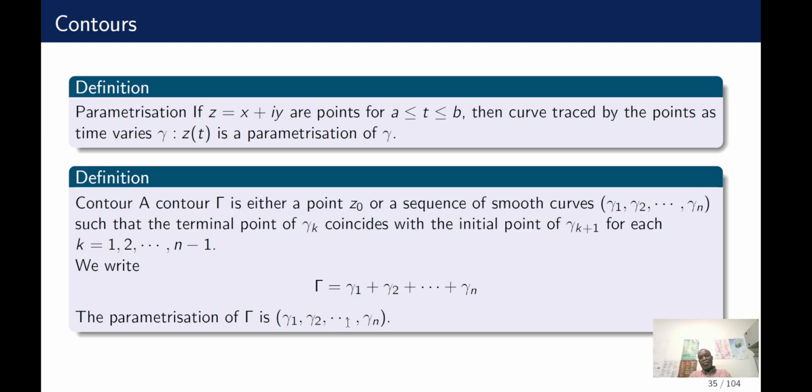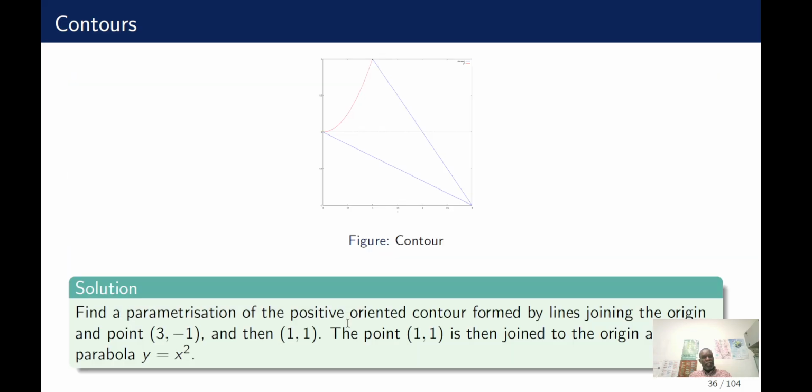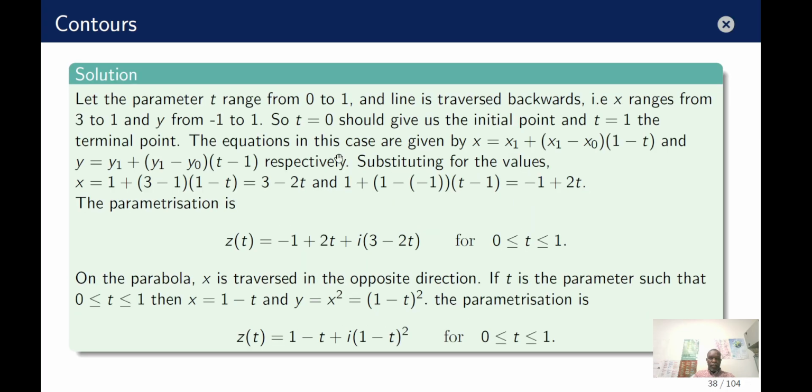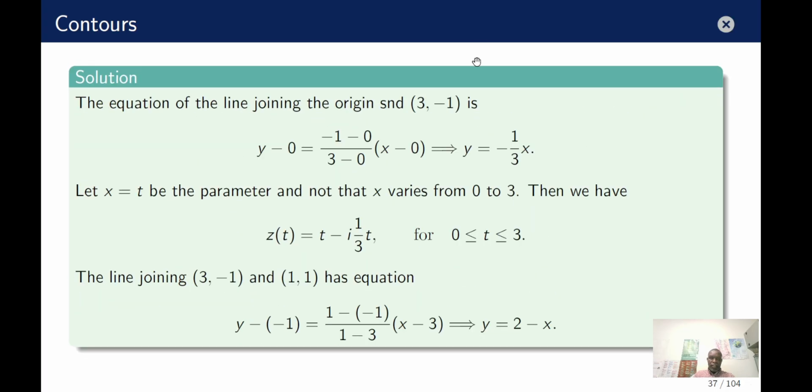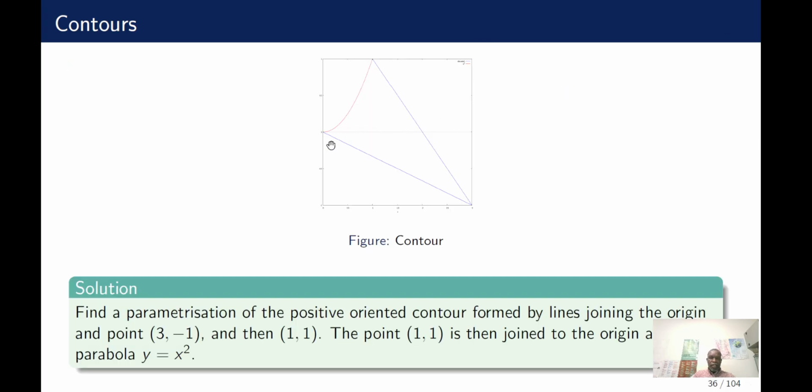So let's start by just looking at an example. Here we have that contour in the diagram. The contour is made up of two straight lines. It's the line from this point down to that point, a straight line.